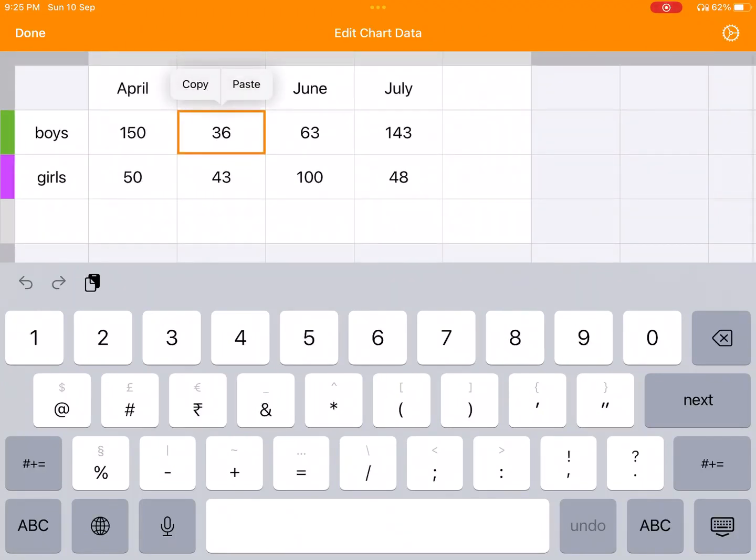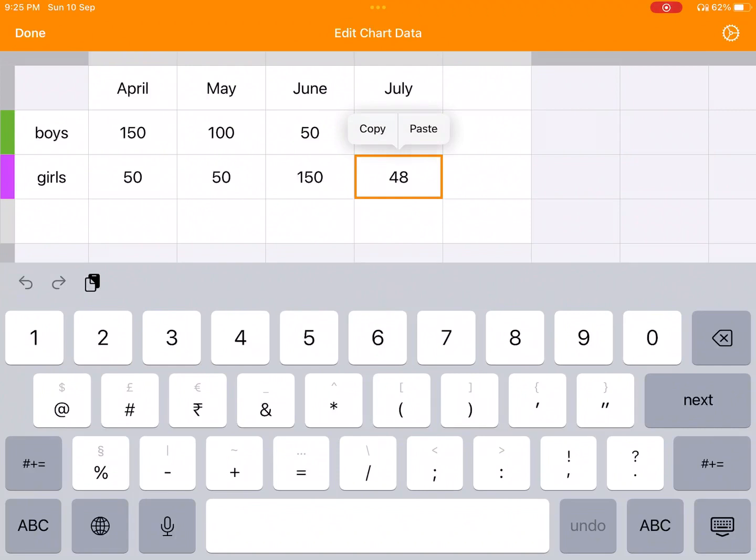Similarly I will write here 100 plus 50, and according to that 50 boys and 150 girls. Let me reverse it a bit here, opposite 50, and again 50. So this is the data.